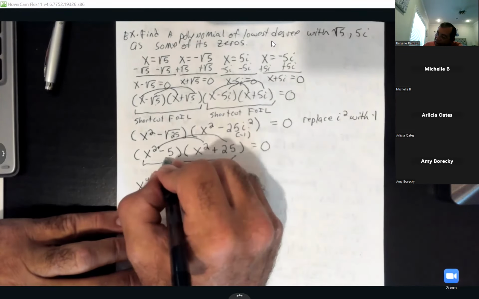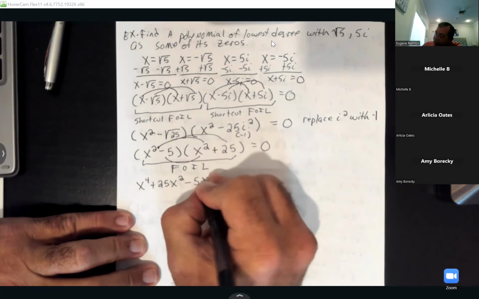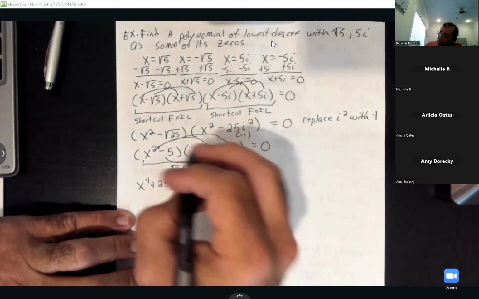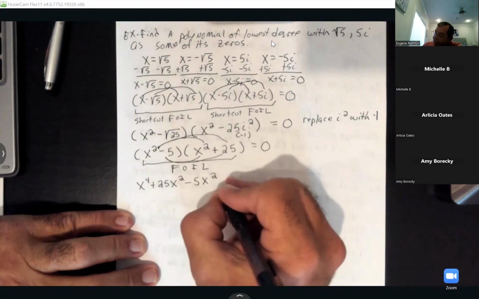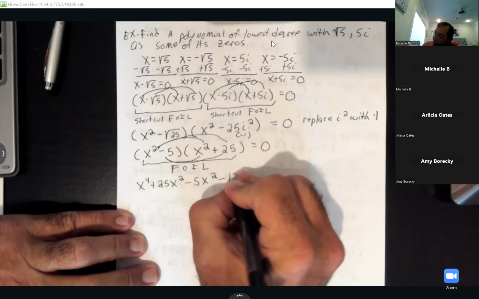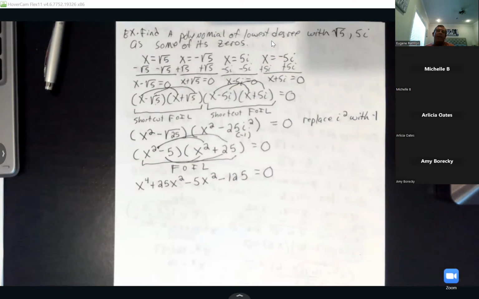All right, now I got negative 5 times x squared is a negative 5x squared. And y'all, finally, that negative 5 times 25 is a negative 125, all equal to my 0.